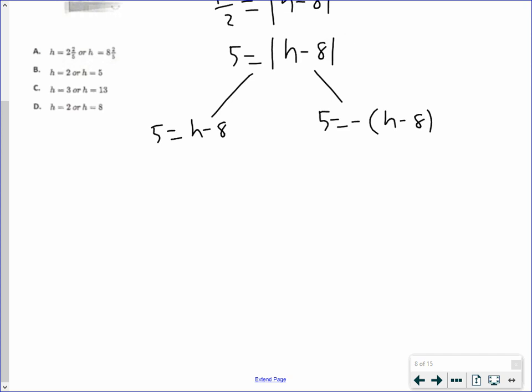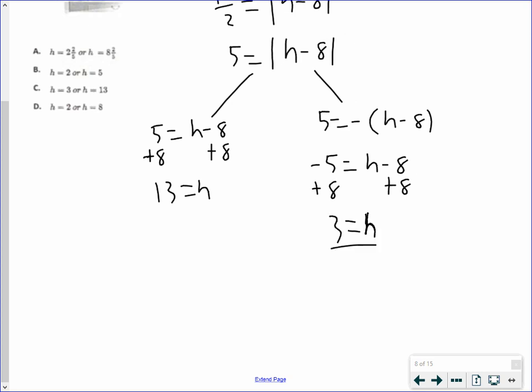Those are our 2 scenarios. Let's solve for h. Add 8 to both sides: 13 equals h. For the other, we divide by -1 first: -5 equals h minus 8. Add 8 to both sides and we get 3 equals h. So h equals 3 or h equals 13.